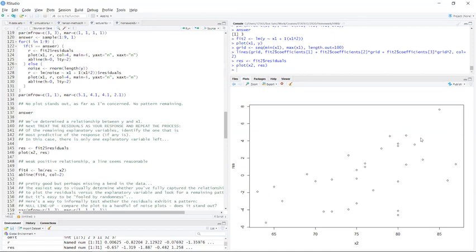Is there something left? Are these residuals predictable by the other explanatory variables? If they aren't, then that's an indication that you've gotten everything that you can. You're predicting the response about as well as you can based on the available information.